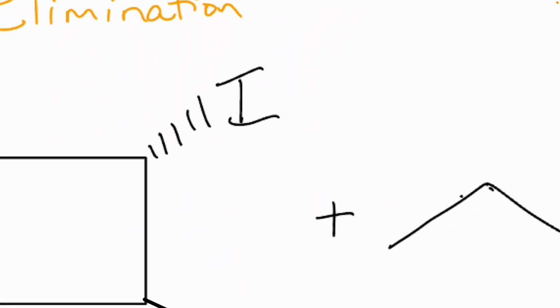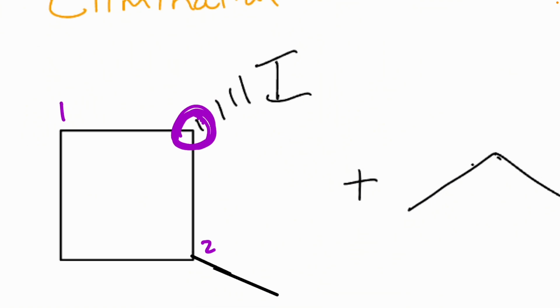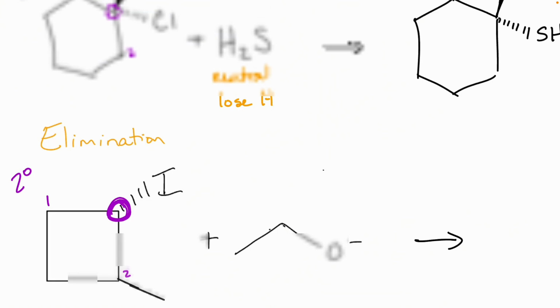And then what about this one? This is just secondary, right? So again, I'm going to look at this carbon and count. It has 1, 2 neighbors. I'm not going to count this one, right? It's too far away. It's not attached to that carbon. So it's how many neighbors this carbon right here has, which is just 2. So this is a secondary.